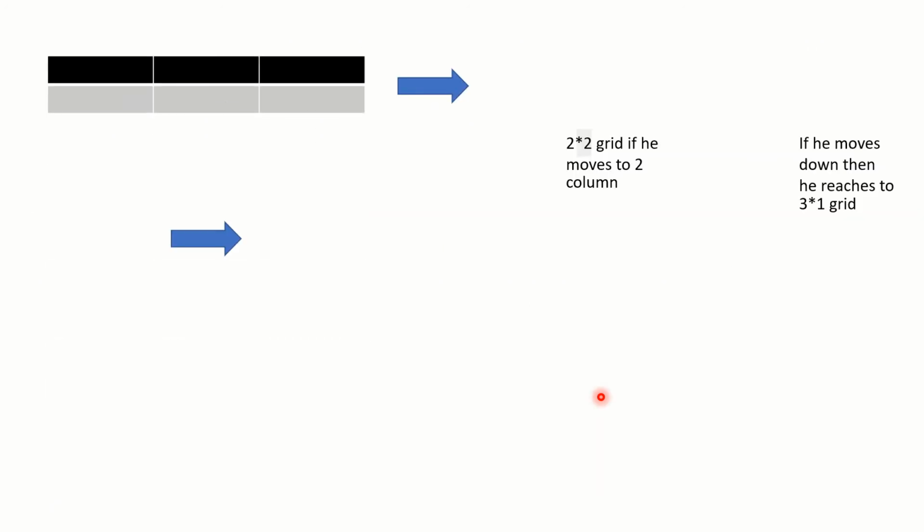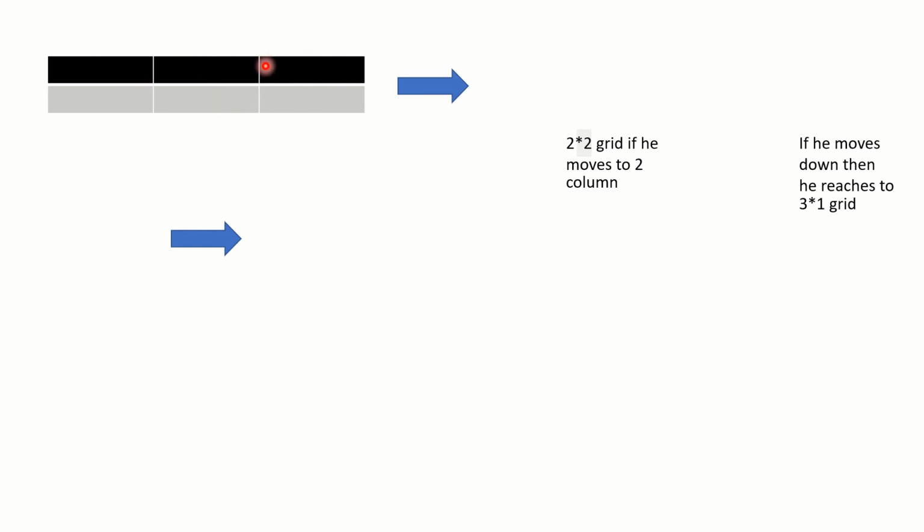If you see 2 into 3, it means 2 rows, 3 columns. Suppose you are starting here. When I go here, I face a 2 into 2 block, right? When I move from this block, I will face 2 into 2.